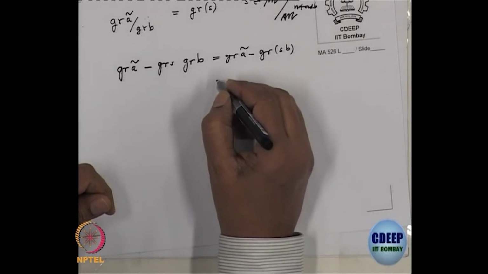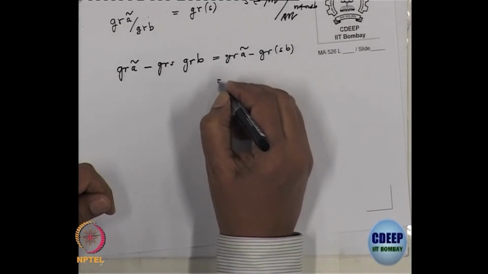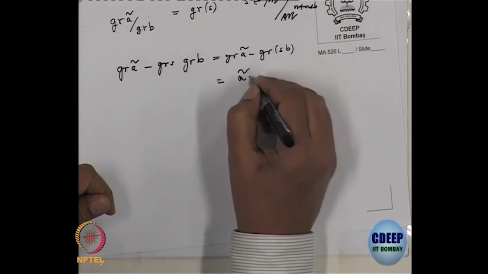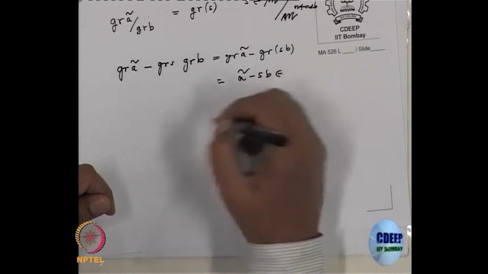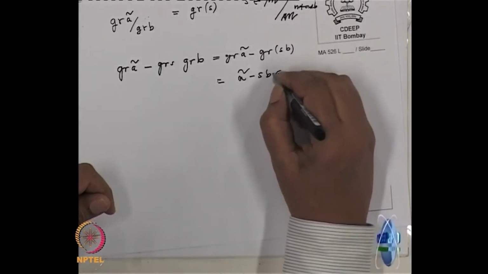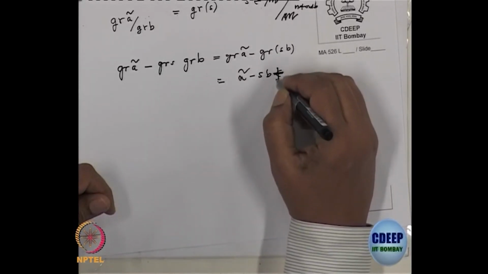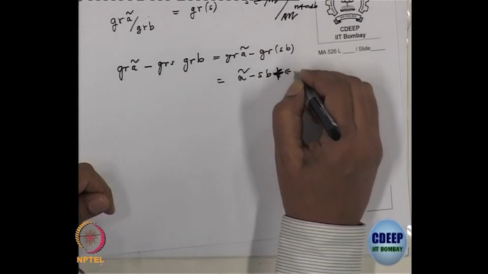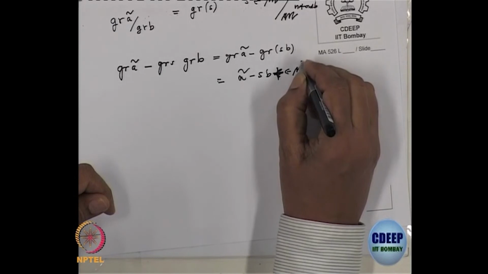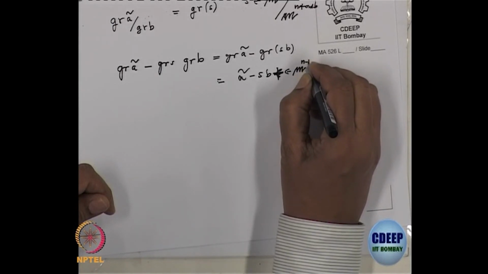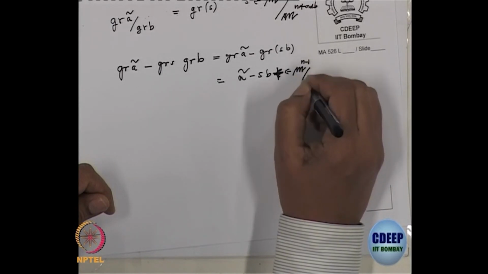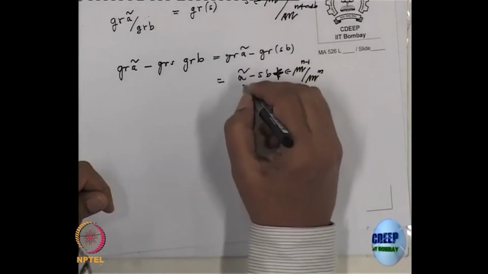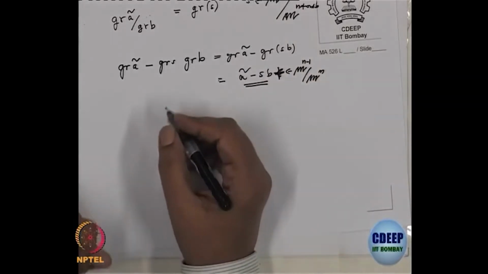But this is the same as A tilde minus S B, this belongs to the next power. This is the image of this element in m power n minus 1 divided by m power n.